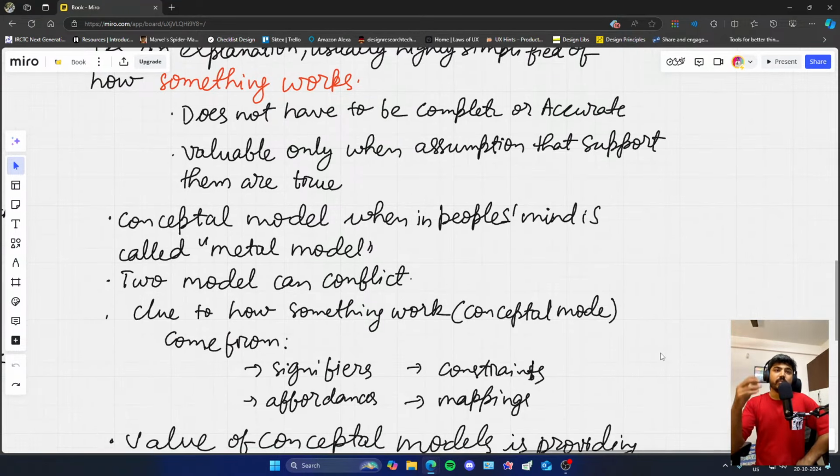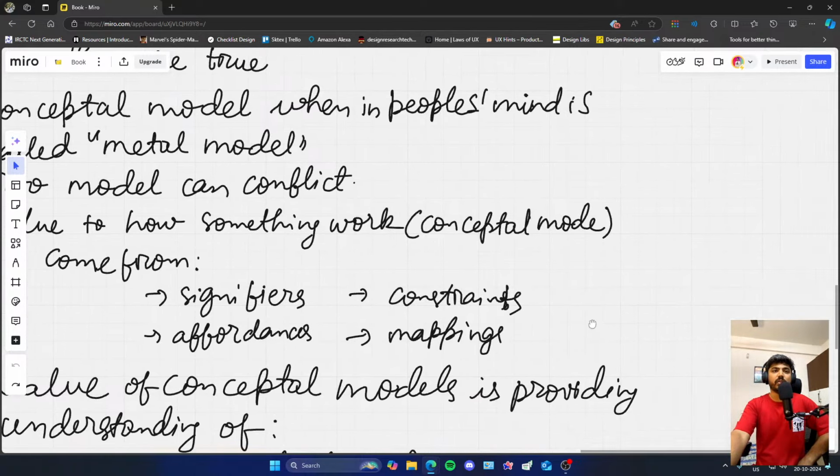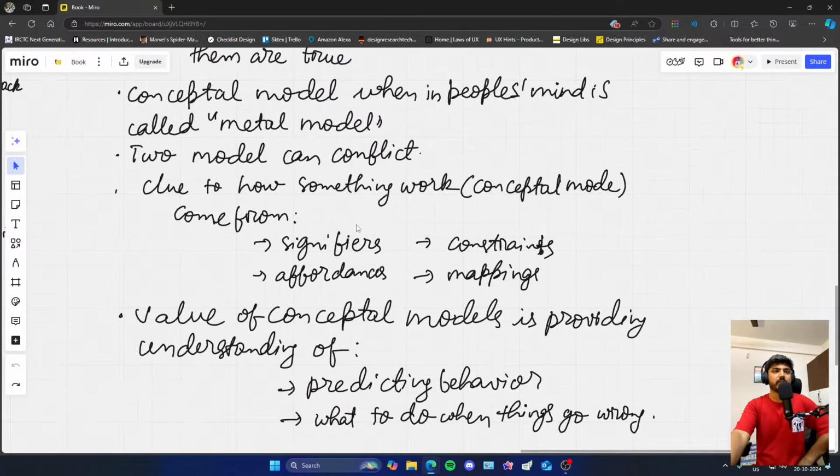Clues to how something works form the conceptual model, so we have to see where it comes from. How does a conceptual model come into existence? It comes from signifiers, constraints, affordances, and mapping. So these are the concepts we have already talked about. Constraints is something we understand but have not discussed yet.